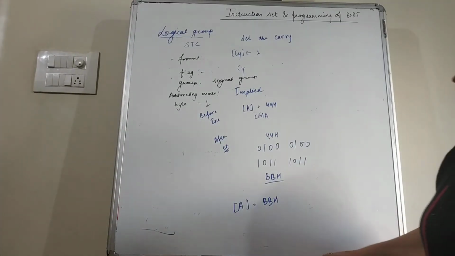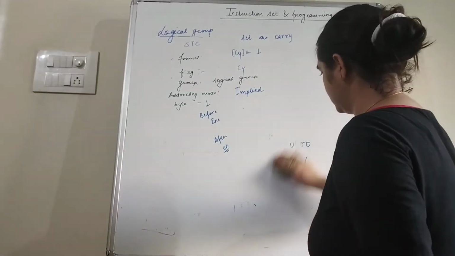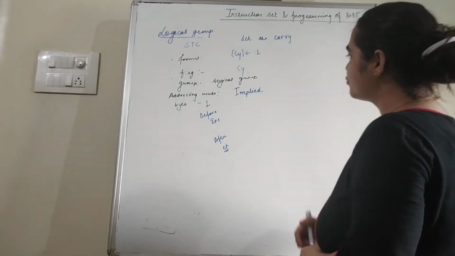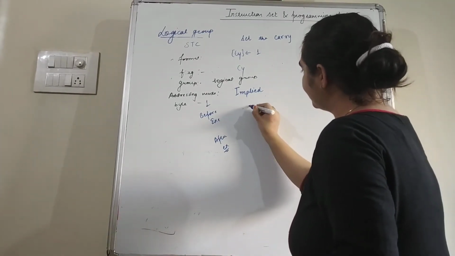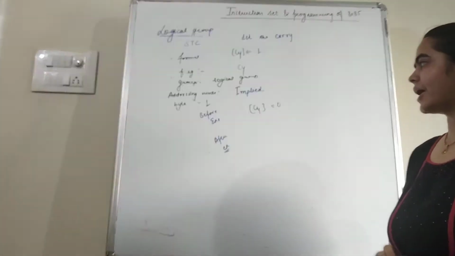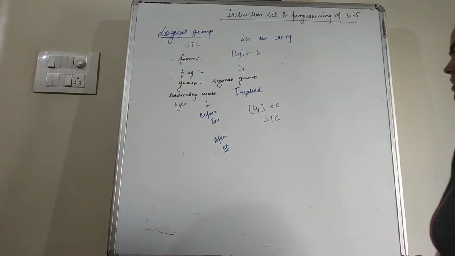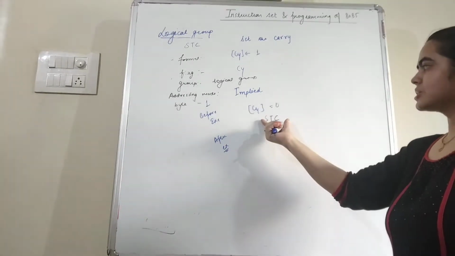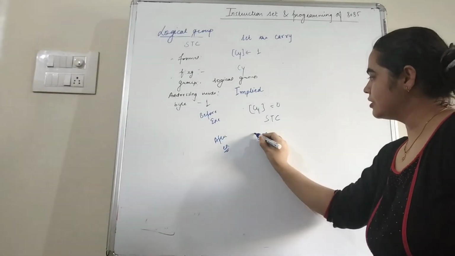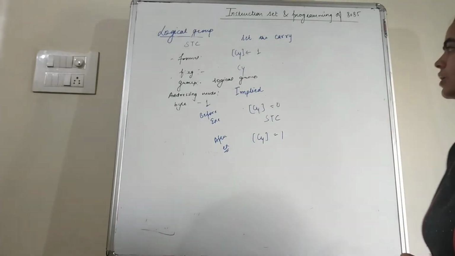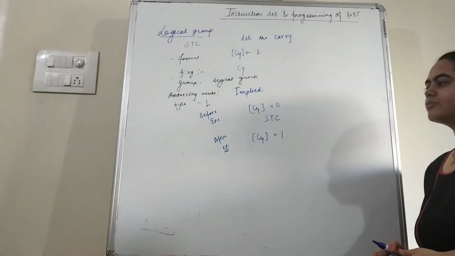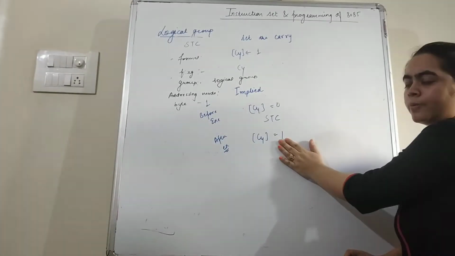Now we can see examples. Suppose before execution the carry flag has CY equal to 0, then we write the instruction STC. After executing this instruction, the value of the carry flag is 1. Simply, this instruction sets the carry flag to 1.